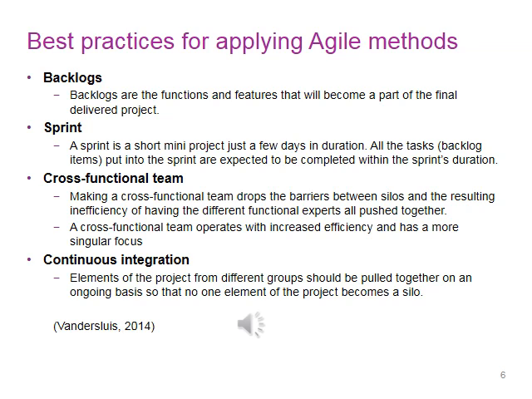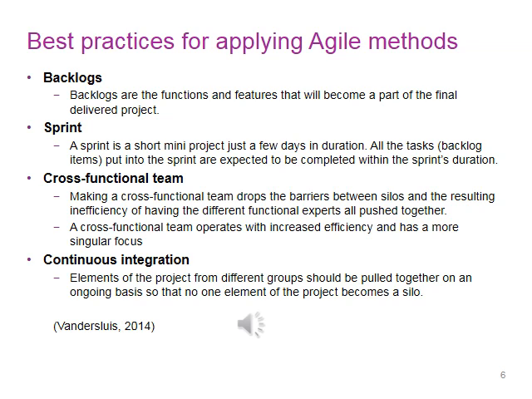Some other best practices for applying Agile methods involve the use of backlogs, which are functions and features that will become part of the final delivered product. Also sprints, which are a short mini project just a few days in duration, where all tasks, including the backlog items, are put into the sprint and are expected to be completed within the sprint's duration.